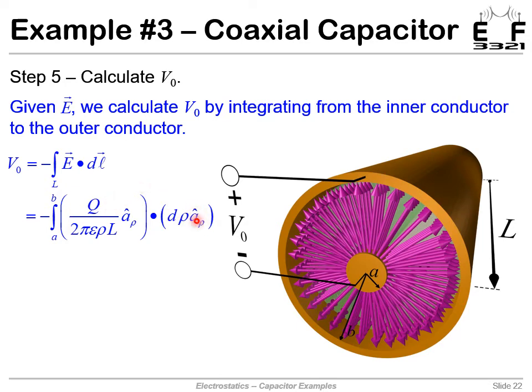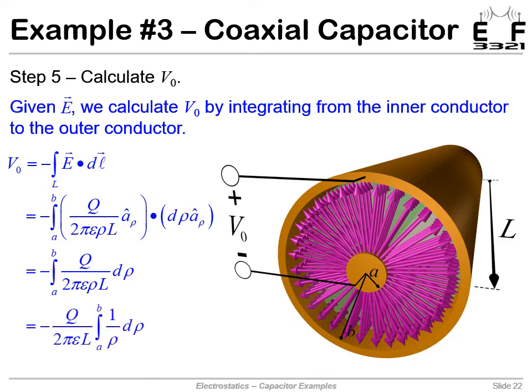So the unit vector rhos disappear. We just end up with this expression for the magnitude of the electric field times d rho. We take our constants, Q, 2 pi epsilon, and L, and we move those to the outside of the integral. We have to keep the 1 over rho inside the integral. But now we have something relatively easy that we can integrate.